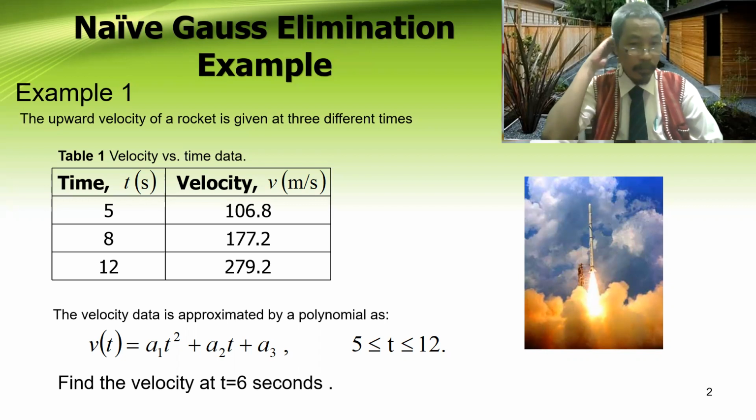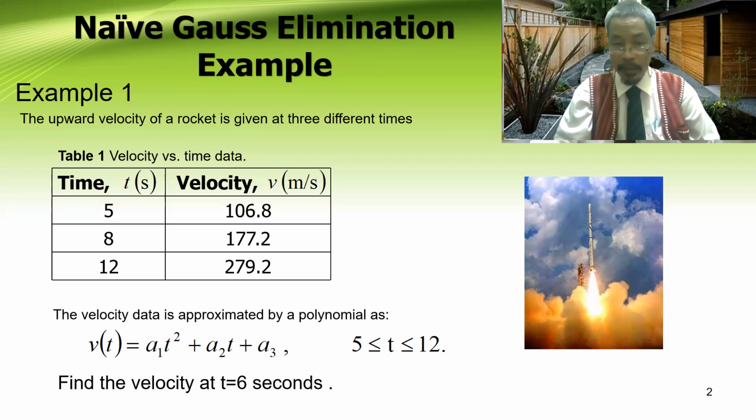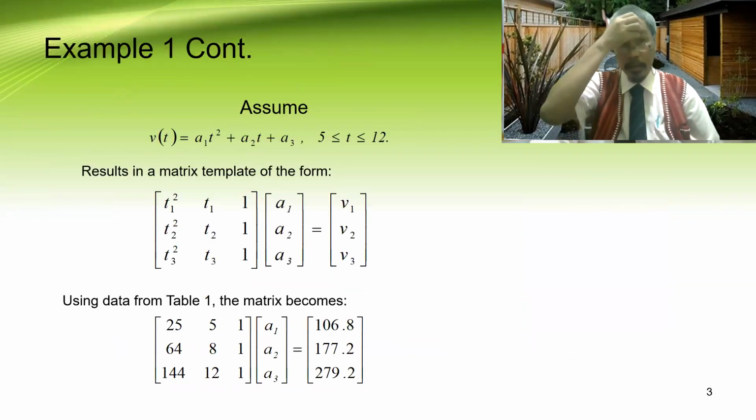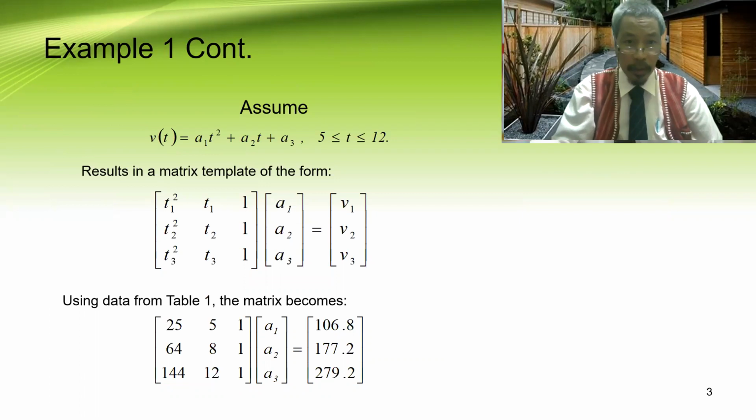Okay. So the velocity is modeled as what? An algebraic equation, which is a quadratic equation in particular. So let us proceed. Assume that v is equal to a1 t squared plus a2 t plus a3.